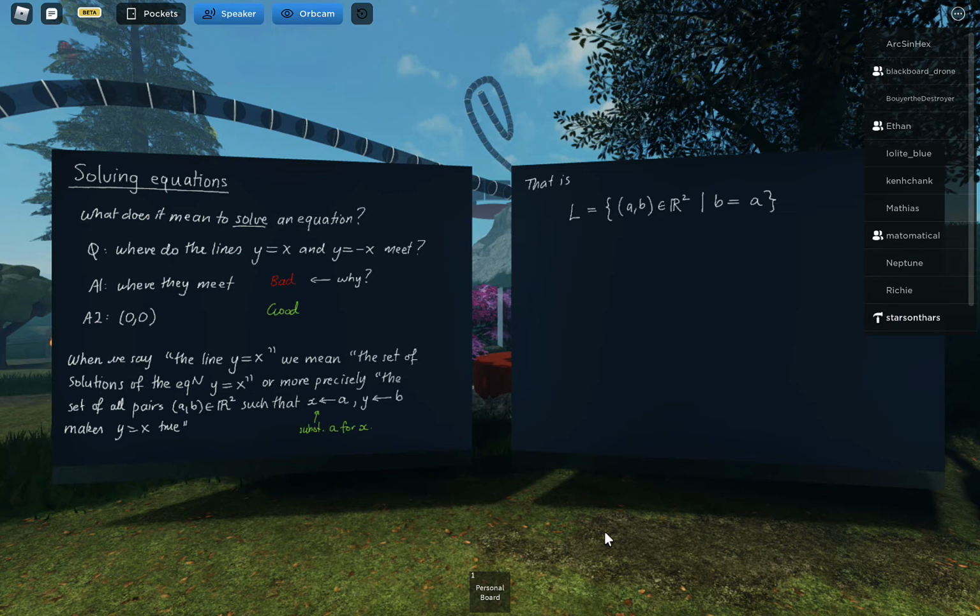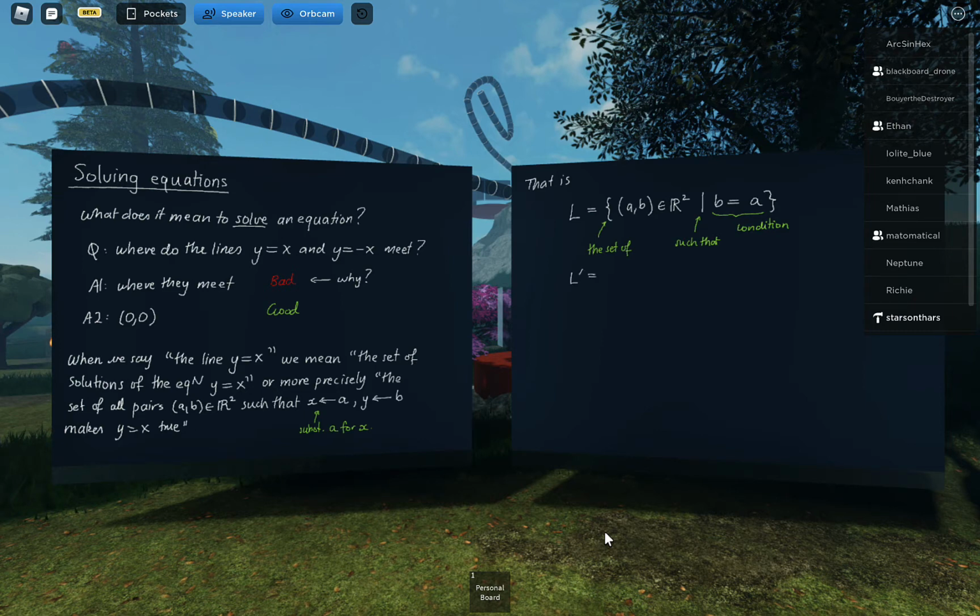And the way to read this notation, if you haven't seen this for a while, is the curly brackets you read as the set of, the bar you read as such that, and then the stuff on the right-hand side of the bar is some condition, which is either true or false for every thing that's taken from this set. So in this case we take all pairs where both coordinates are equal. That's the first line, the set of solutions of the equation y equals x.